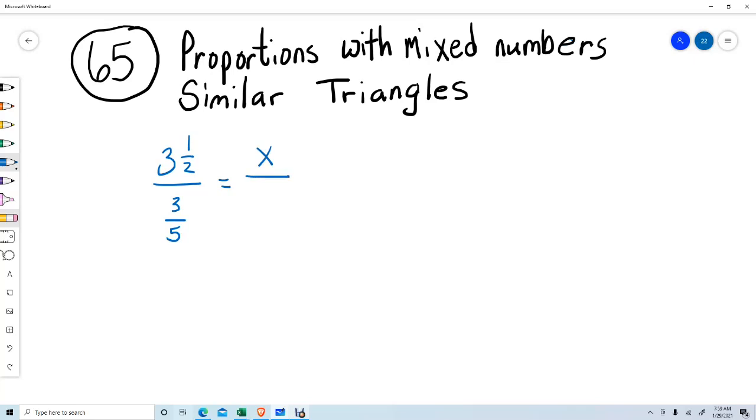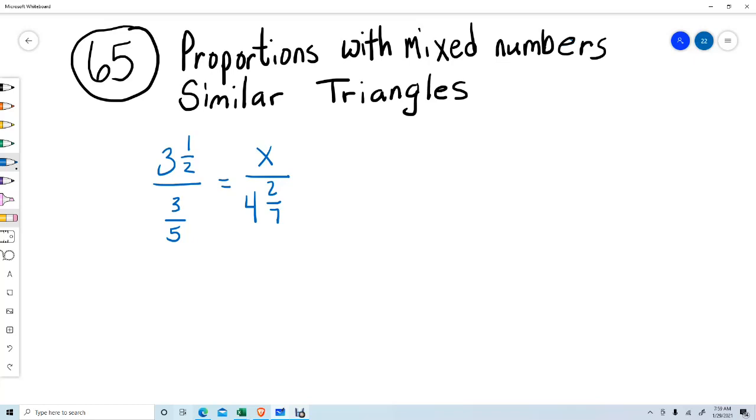Every time they teach you something, they have to throw in the same type of problem with mixed numbers. By now, you should be pretty good at turning a mixed number into an improper fraction. So that's the only step you have to add here. You want to turn your mixed numbers into improper fractions and then go ahead and do the same thing you would do with any cross multiplication.